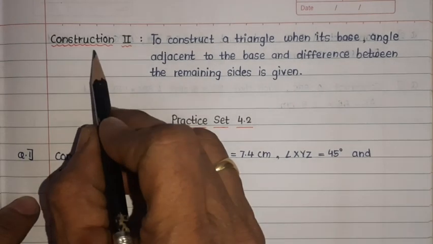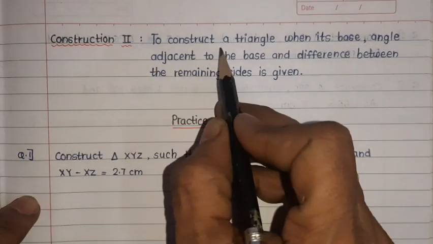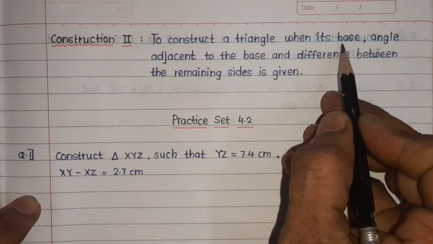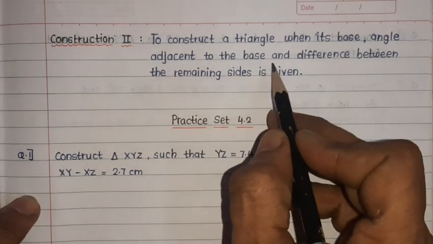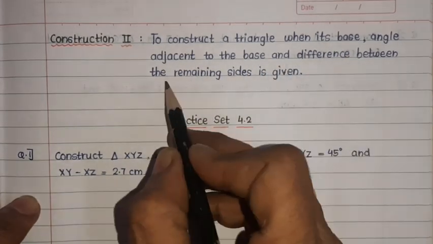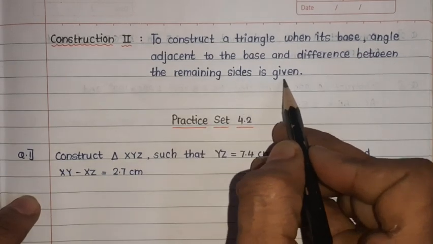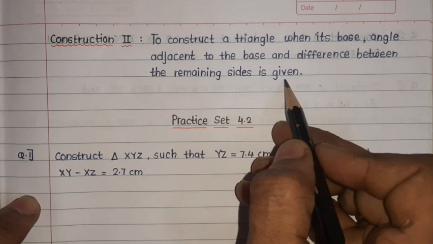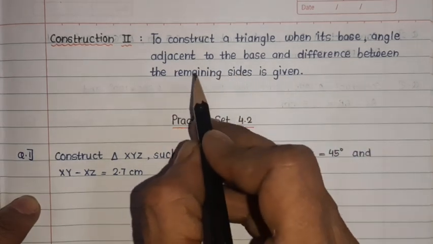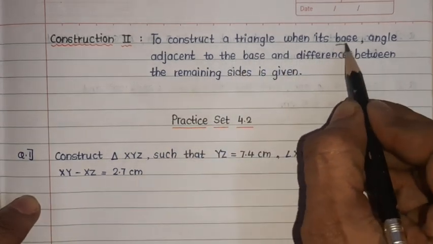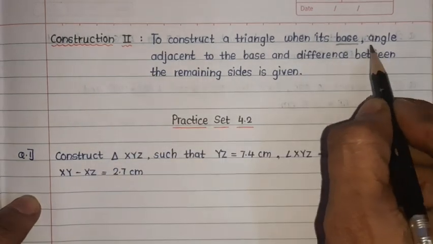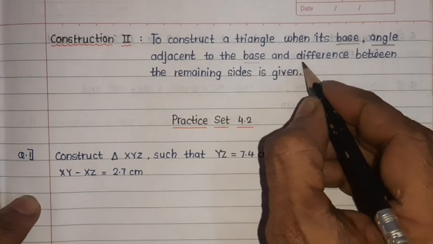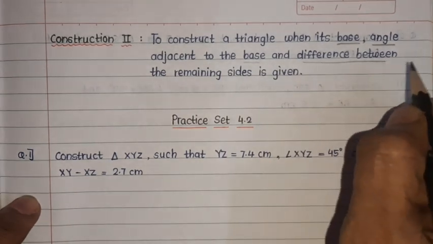See the second construction. To construct a triangle, when its base, angle adjacent to the base and difference between the remaining sides is given. Dear student, in the last lecture we completed construction when base, angle adjacent to the base and sum of the remaining two sides is given.